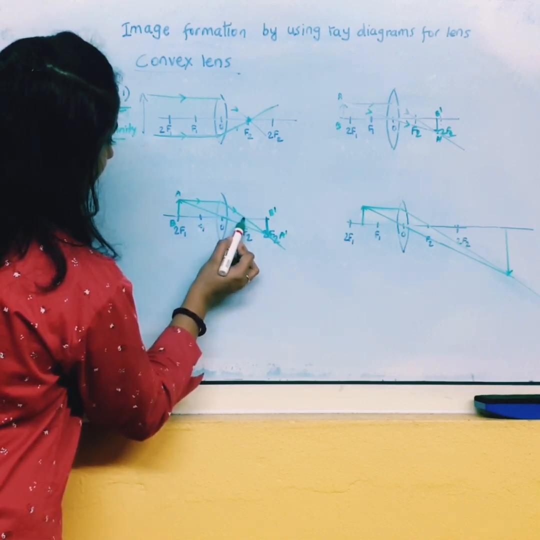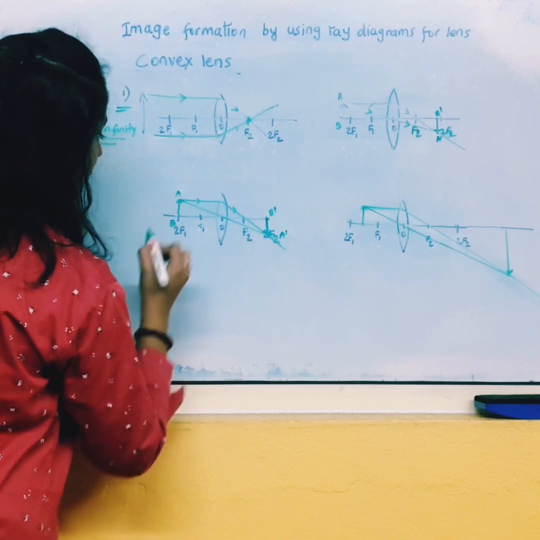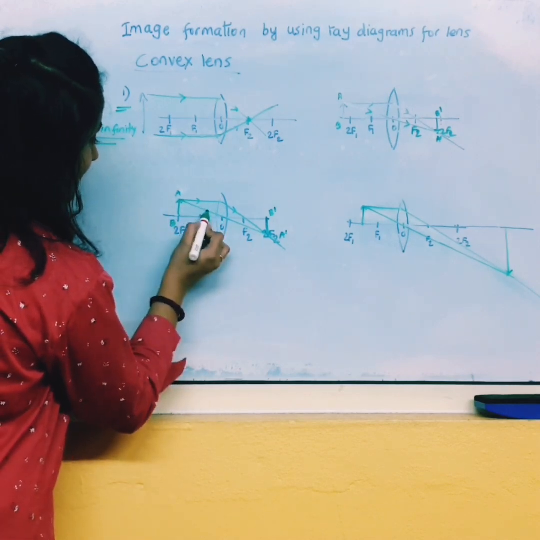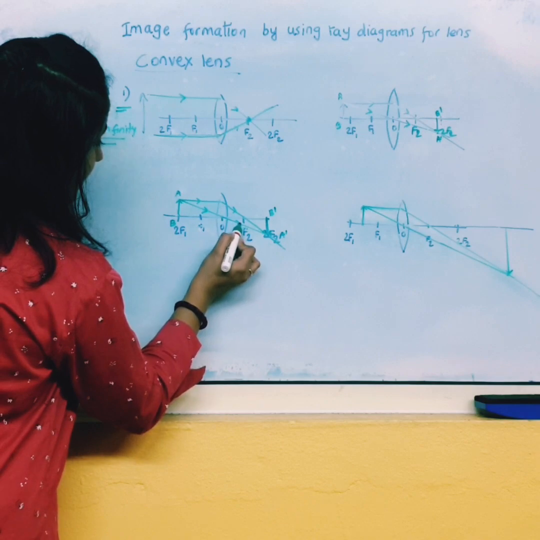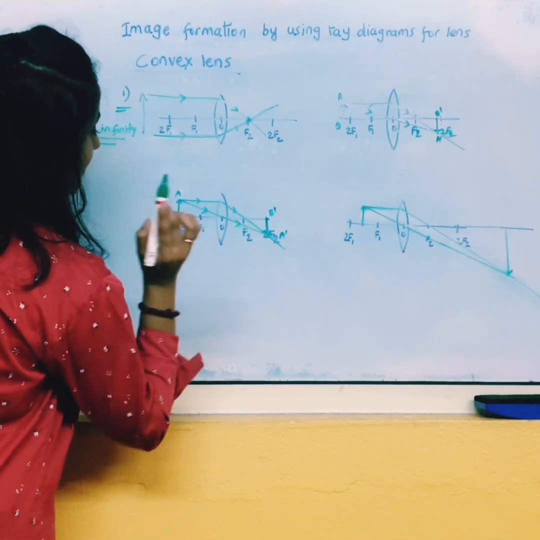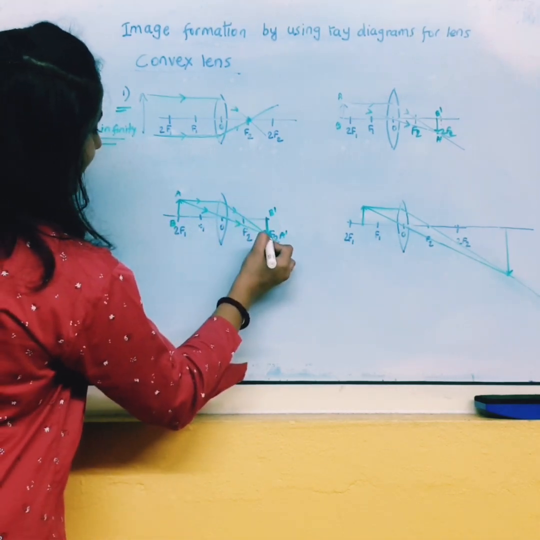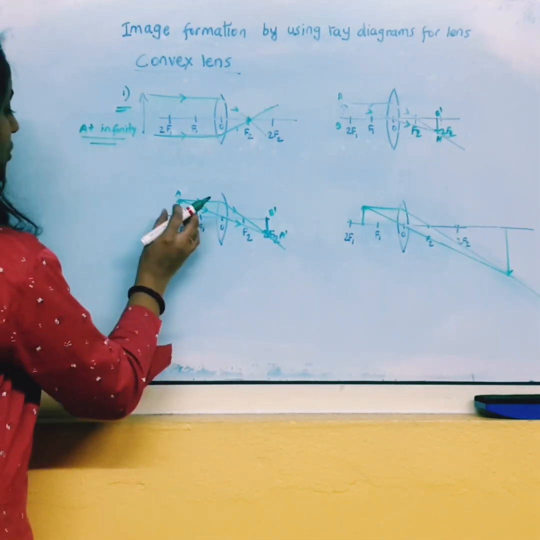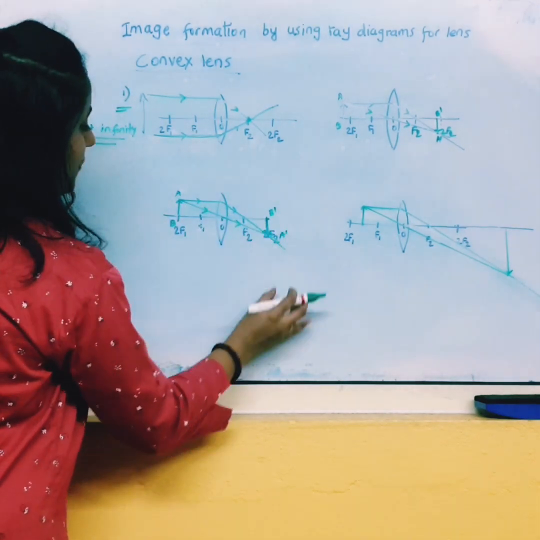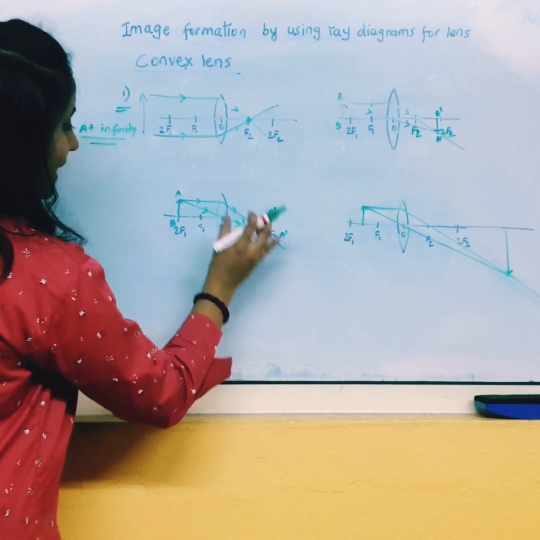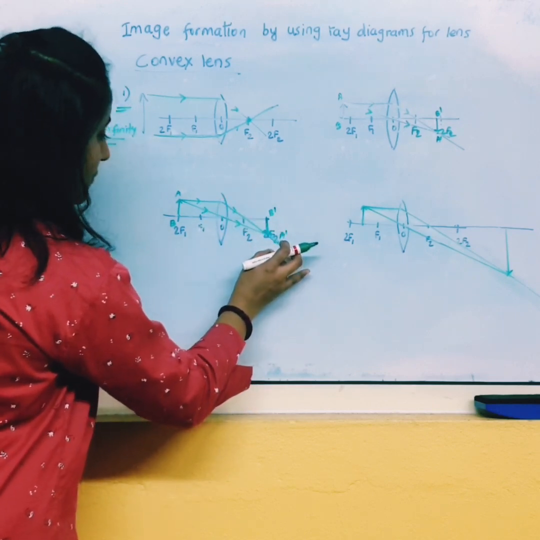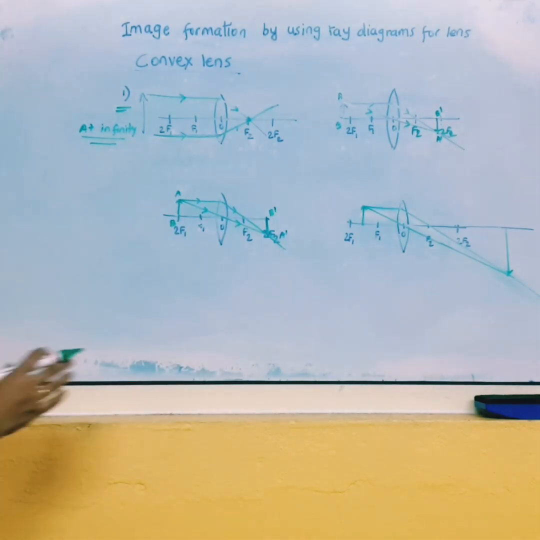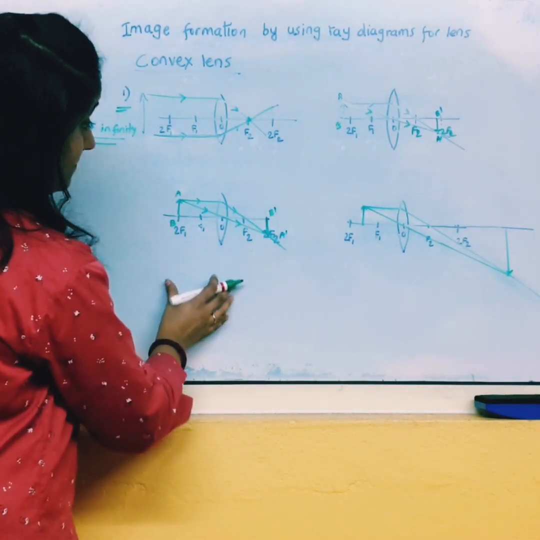After refraction, it will move to the focus, which is f2. The next ray is passing through the optical center, so it won't deviate, it will take the same path. Both the refracted rays meet here at 2f2. So the object and image are of the same size. The location of the image is at 2f2 and it is real and inverted. So this is the third case.